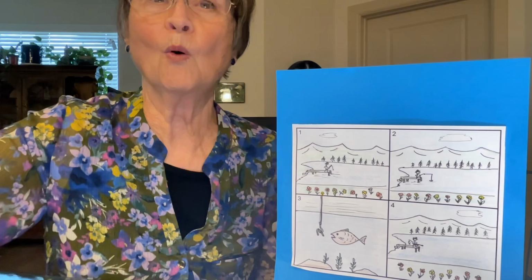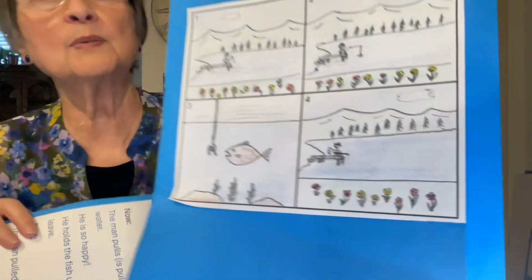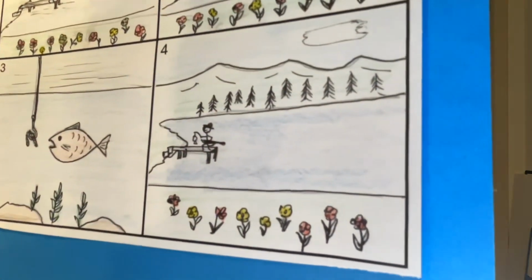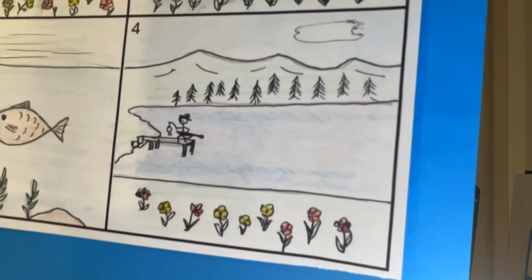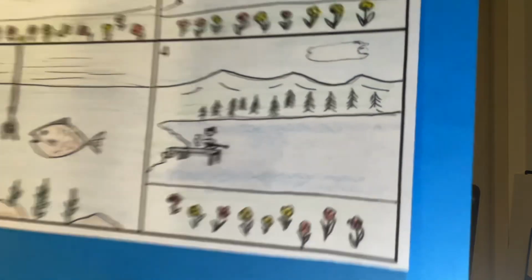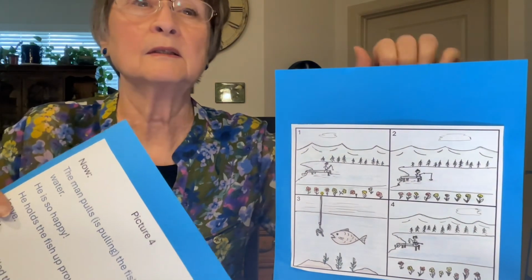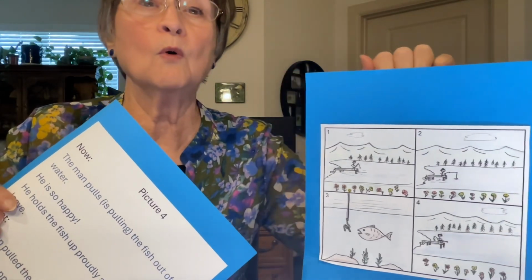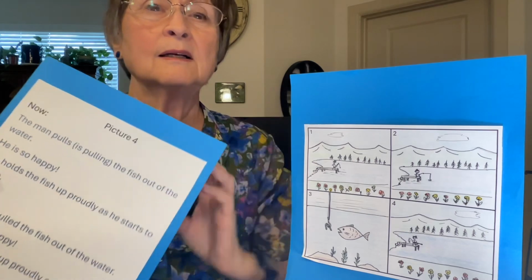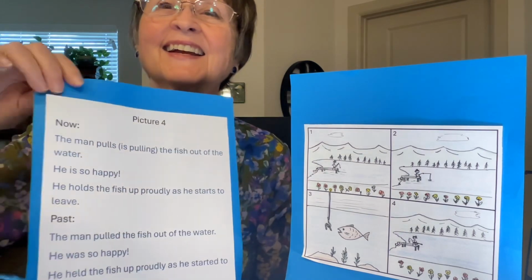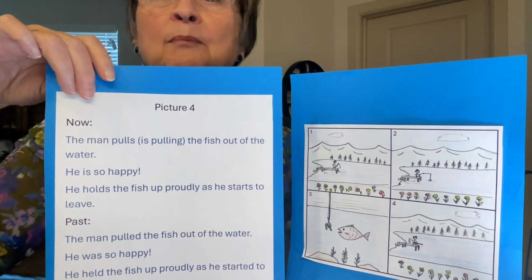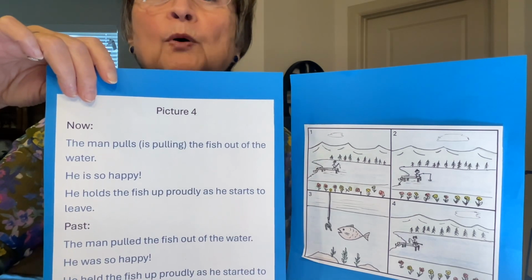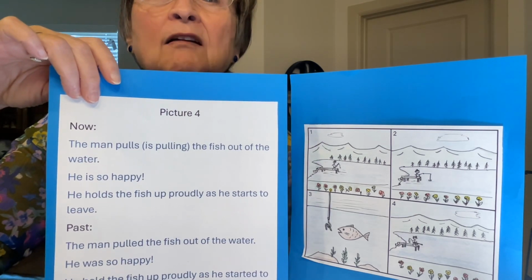Okay, picture 4. This is picture 4. Okay. I'm not going to win any art awards, but it was fun drawing it. Now, the man pulls or is pulling the fish out of the water.